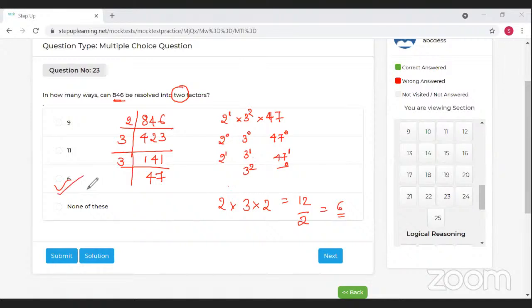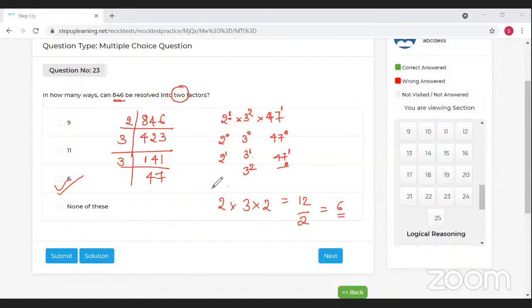So basically you're writing it with respect to 2 into 3 into 2. So Deepika, you need to go through the first class. If it is 2 to the power 1, and 1 is given, we add 1 here.